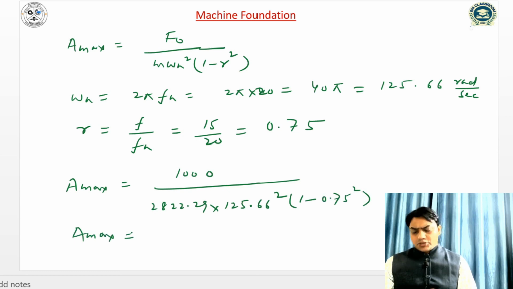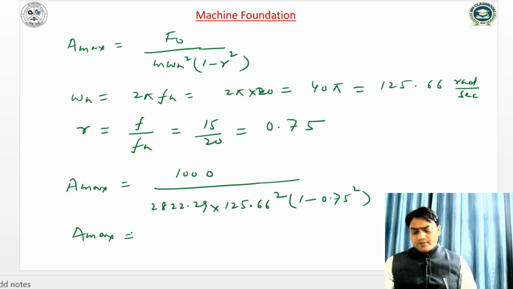So maximum amplitude is 1000 divided by 2822.29 into 125.66 whole square into 1 minus 0.75 whole square.